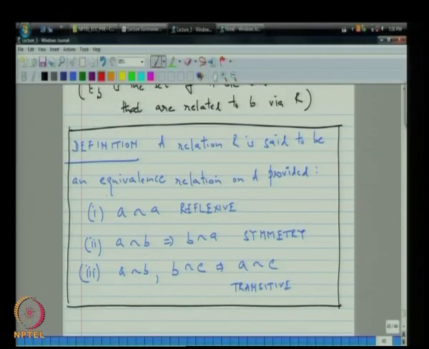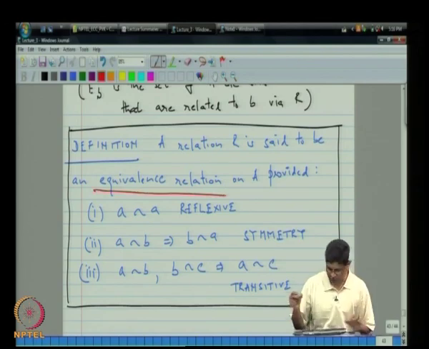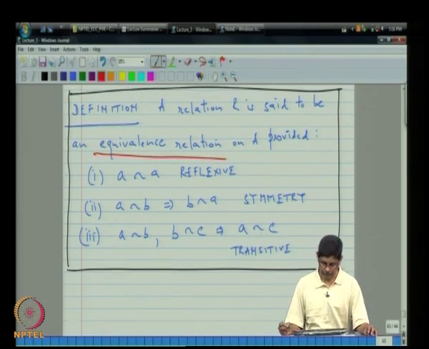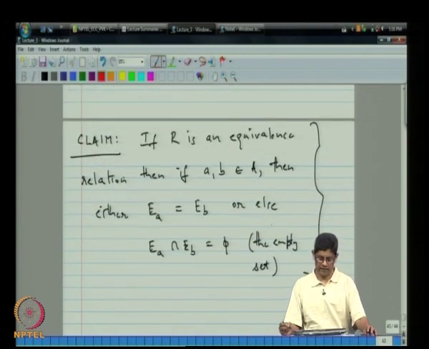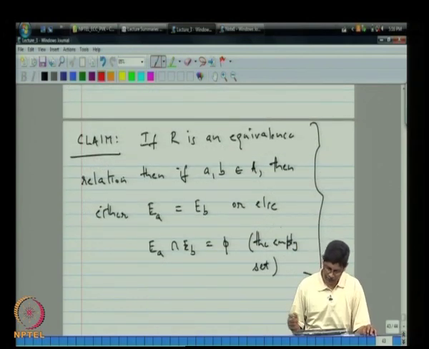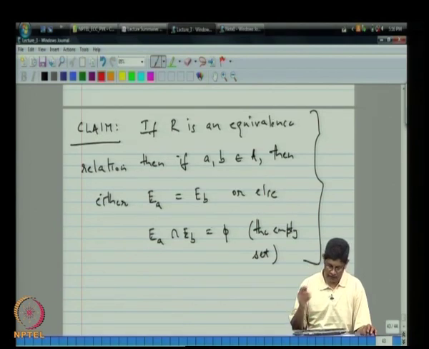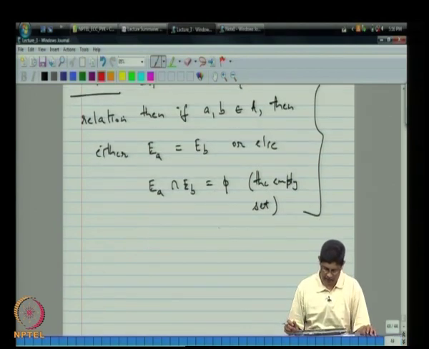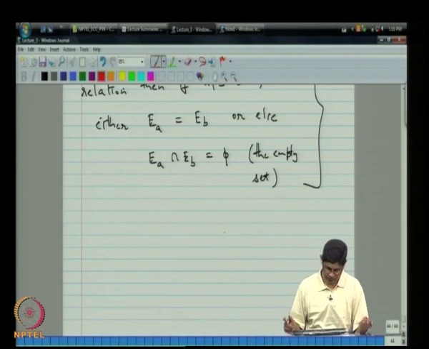If the relationship is of this type, and this is the type that we will be interested in coding theory, then it is said to be an equivalence relation. All right. So, if R is an equivalence relation and if A and B belong to A, then either E_A equals E_B or else E_A intersect E_B is the empty set.